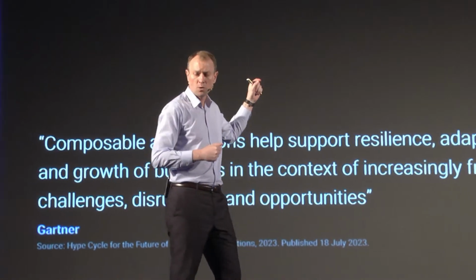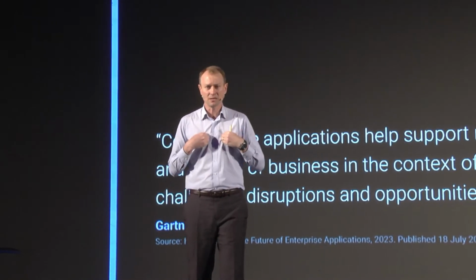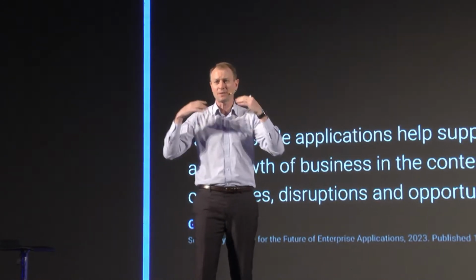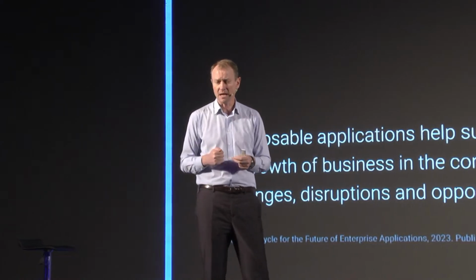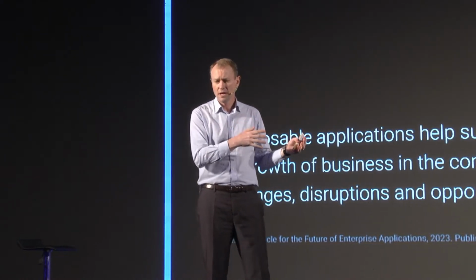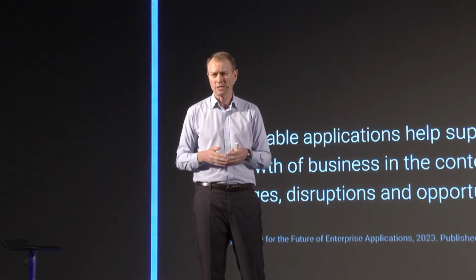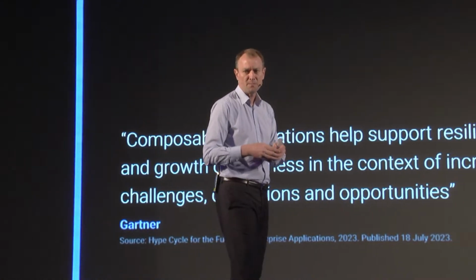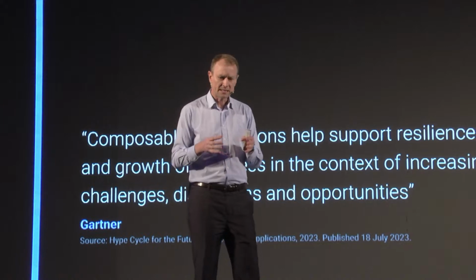So what Gartner says is that these modules will help the company to become more resilient vis-a-vis any adversity, to adapt to new needs. And all this is within a framework where, unfortunately, disruptions are more and more frequent. And sometimes they undermine the opportunities we have.